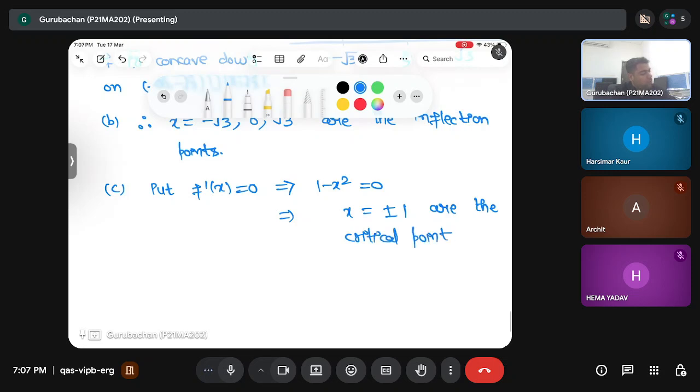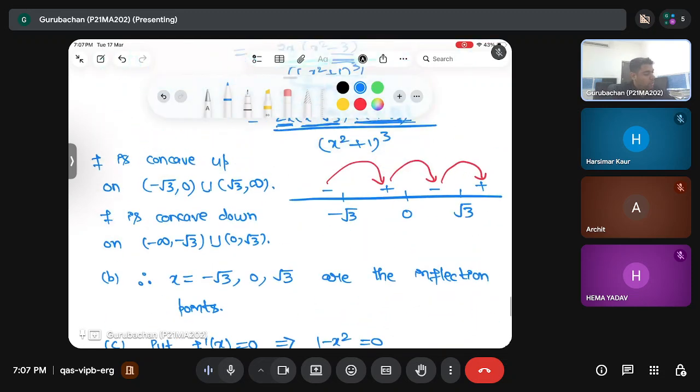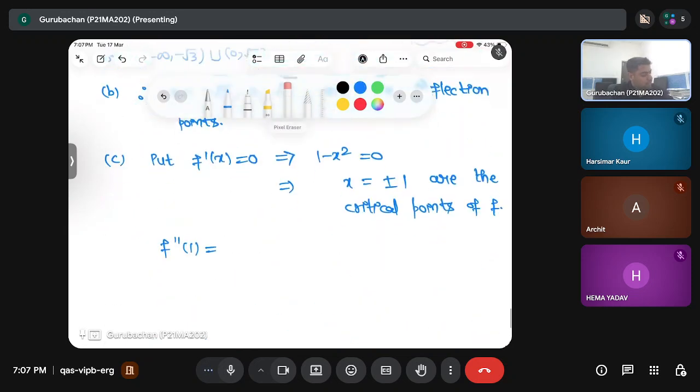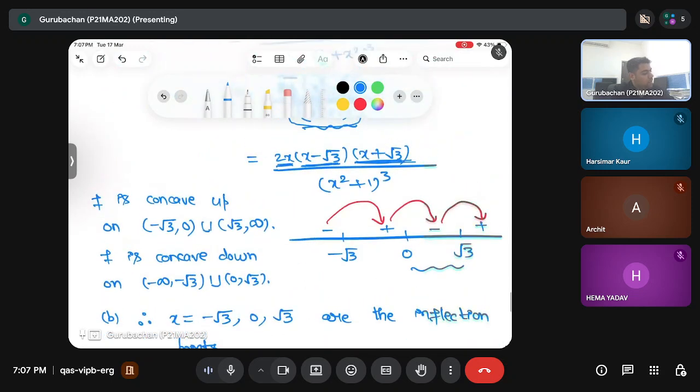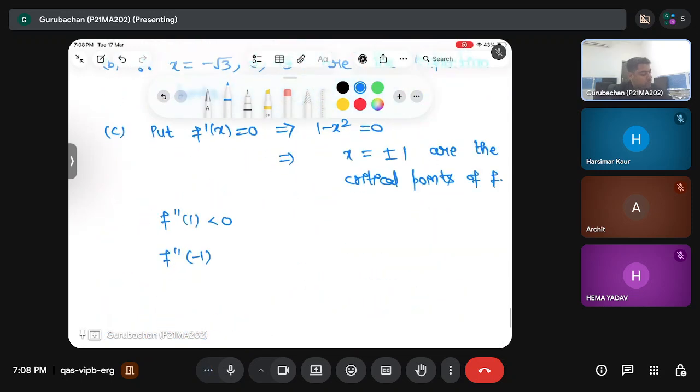Critical points of f. Next, what is the value of the f double dash derivative at 1? From here, where is 1 lying? In this interval. So f double dash at 1 has a negative sign, while f double dash at minus 1 has a positive sign.